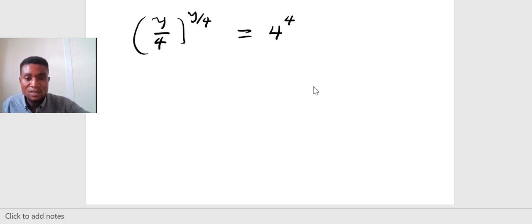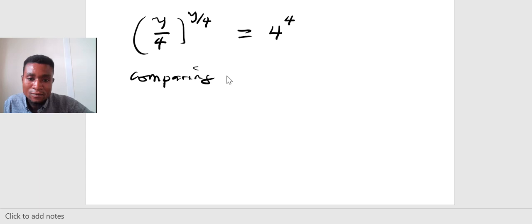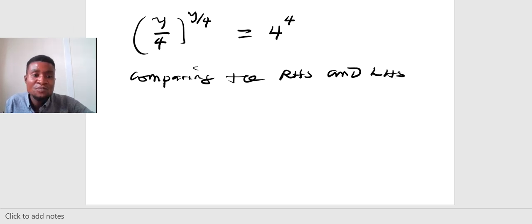Now at this point, comparing the right hand side and the left hand side, you will agree with me that the power here is the same as this power, and this here is also the same thing as this.